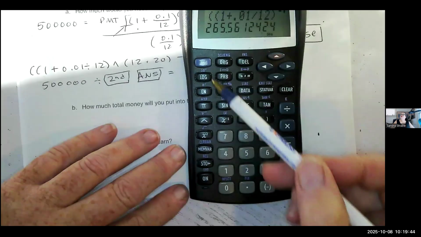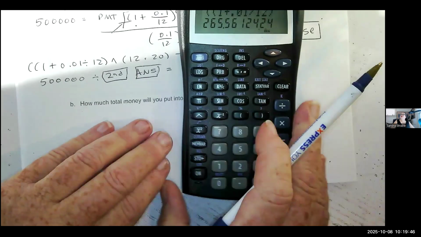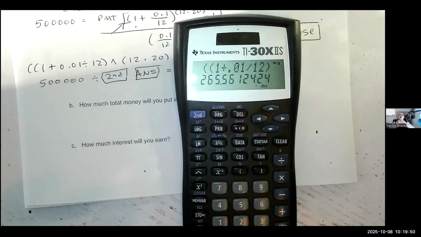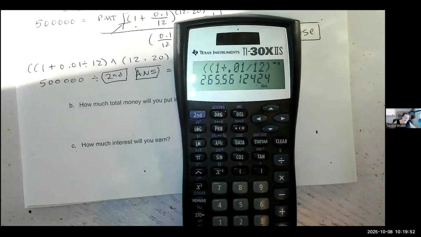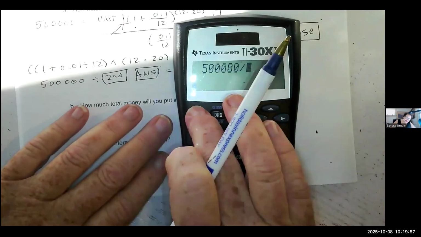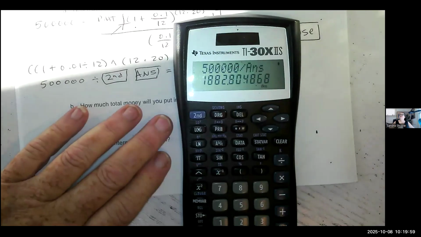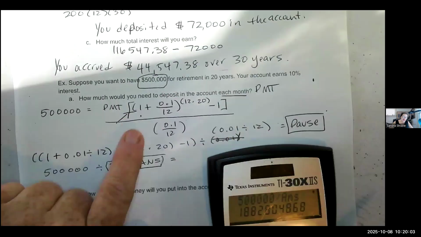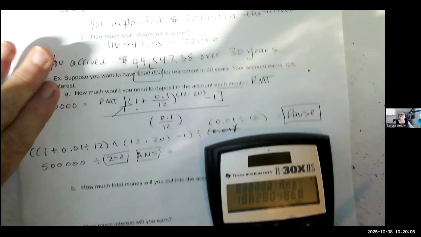To get to that blue, you have to hit second. So I pause because I know me, I want to clear my calculator. Now you just go straight in and type 500,000 divided by second answer equals. That is going to be your monthly deposit into an account for 20 years.